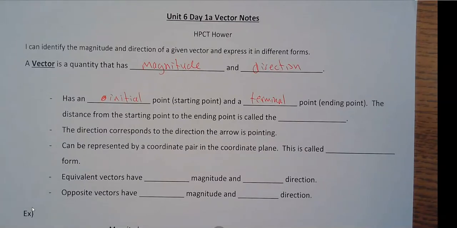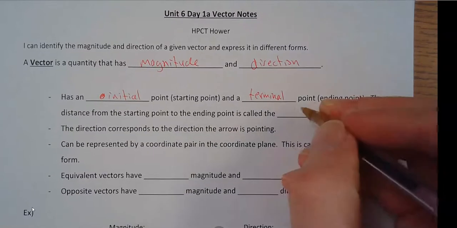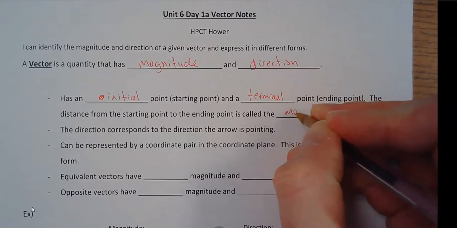Now we have an arrow saying this is the direction, but we also use length to describe the magnitude at times. Typically the longer it is, the more magnitude it has, especially if you're comparing two to each other and drawing them both on the same diagram. The distance from the starting point to the ending point is called the magnitude.